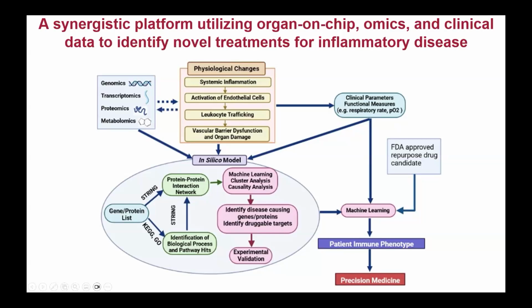And from the literature, we know that it is not likely we are going to find a single agent that can treat all cases of sepsis, for example. We are going to have to do what's called precision medicine, essentially figuring out what works on which patient. And we think this comprehensive approach will give us a sense of how to do this, or a platform for doing this.